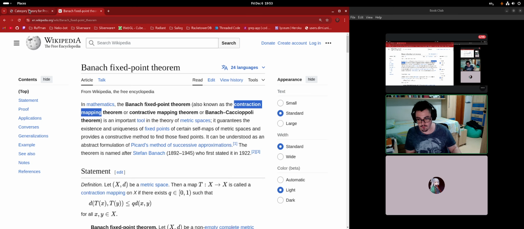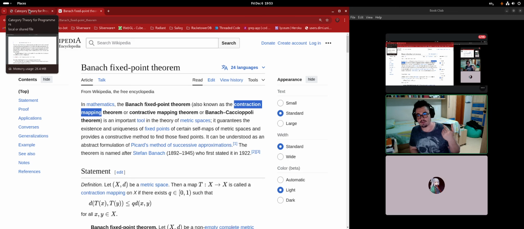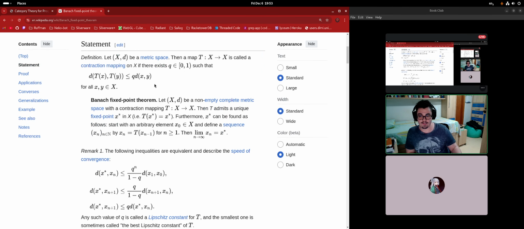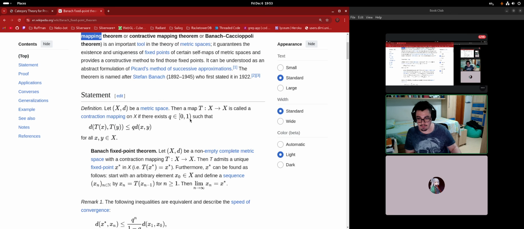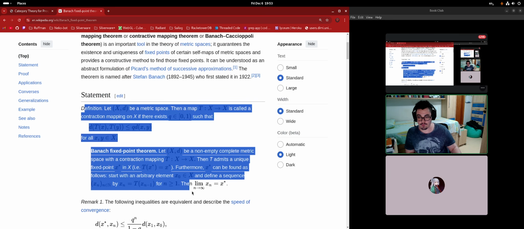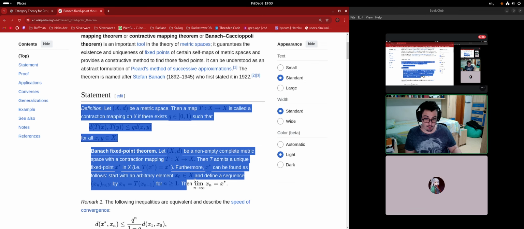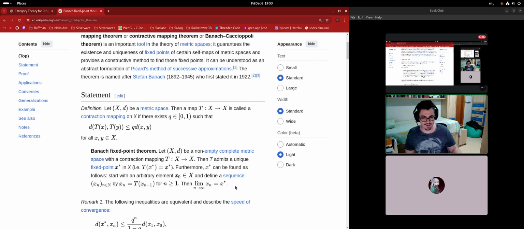We are seeing it in Haskell and category theory, and there are probably many other examples, in electrical engineering as well. This is the one that I know establishes preconditions in which you can be certain of the existence of at least one fixed point, and I think it is unique, as far as I remember.